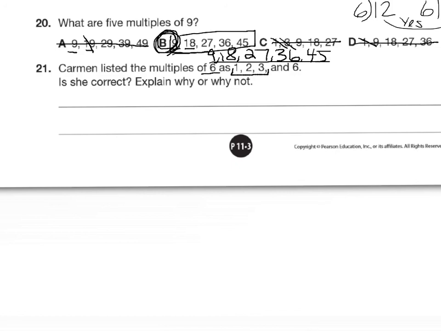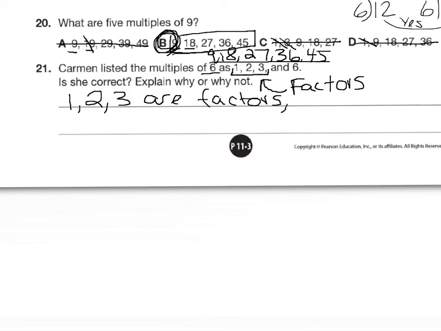There is also a better way to explain this, because 1, 2, and 3 are something to do with 6. They are factors. Because that's what we talked about yesterday. 1, 2, and 3 are factors, not multiples.